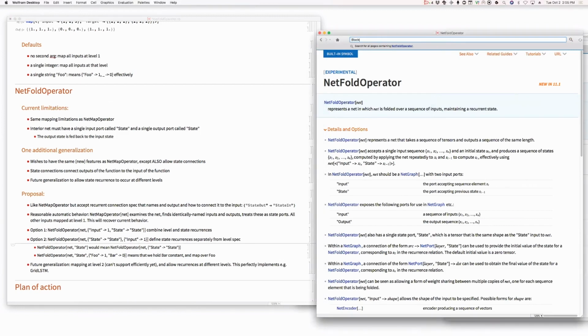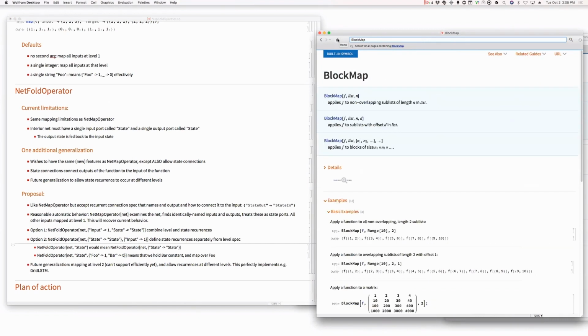No, there's no dependency between. There's a running state that connects all the tiles, all the little applications of F. I see. So this is essentially a block fold. Yeah, exactly, it's a two-dimensional fold. And I think it's fold because it has to depend on certain previous things. Yes, it does have to depend on the thing above it and the thing to the left.